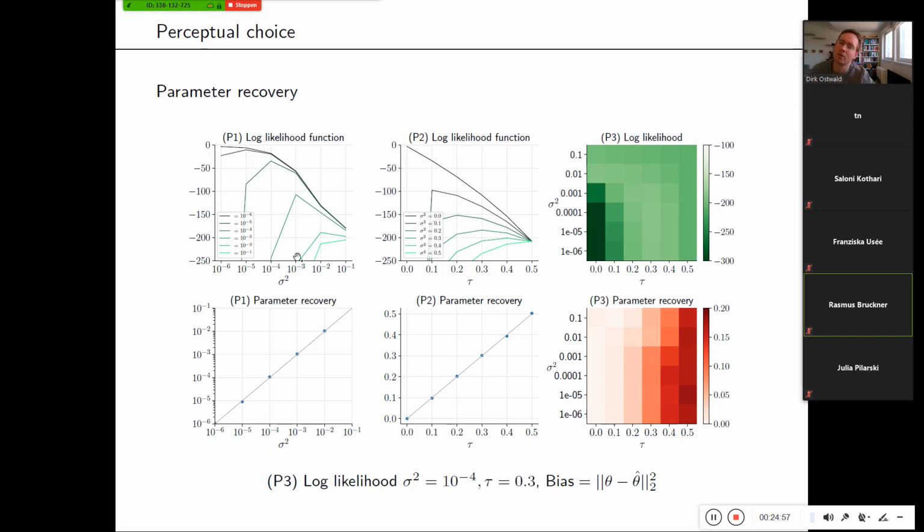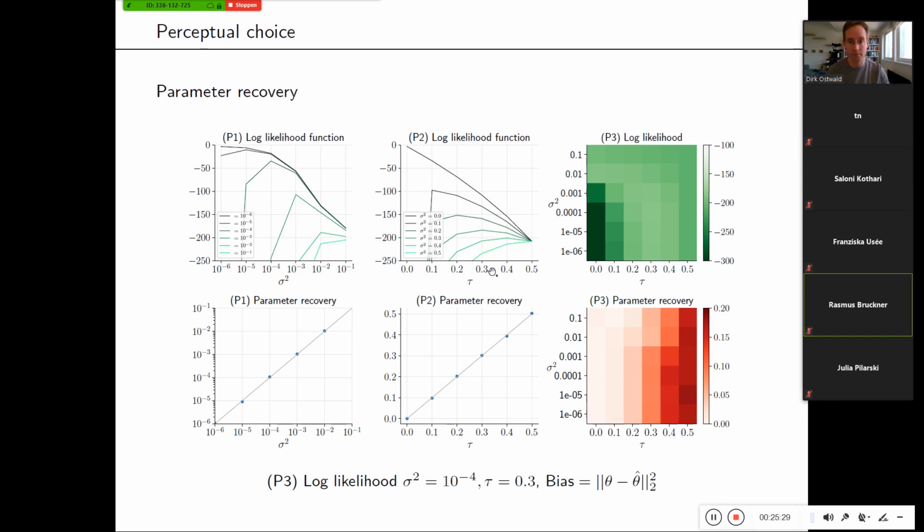What's always a little bit annoying about log likelihood functions is that, depending on how you look at them and in which resolution, they sometimes have these sharp drops somewhere, and then it's a little bit hard to find how you should look at them to actually see the interesting features. So this, for example, would be quite a nice log likelihood function.